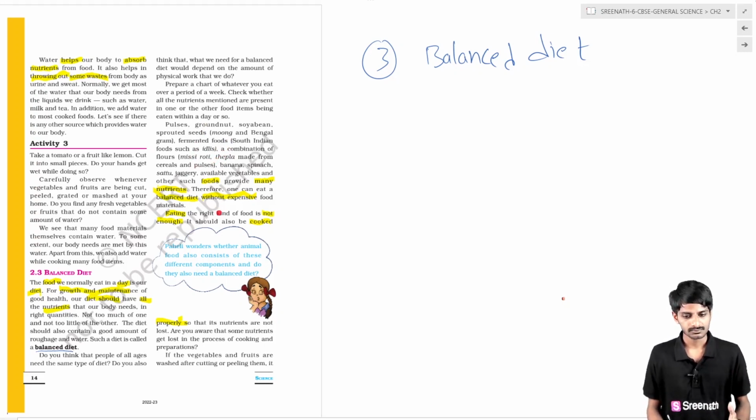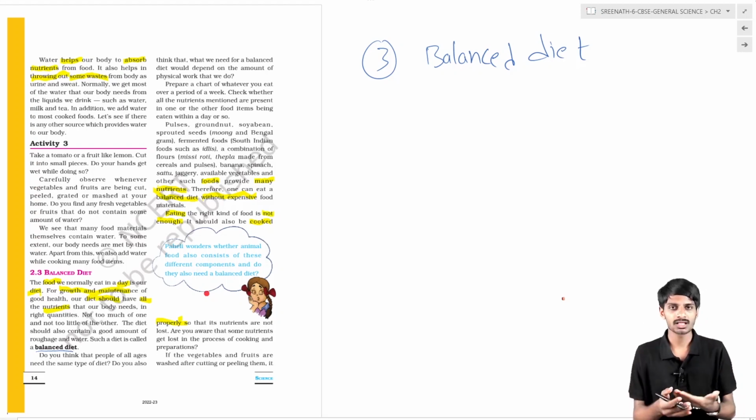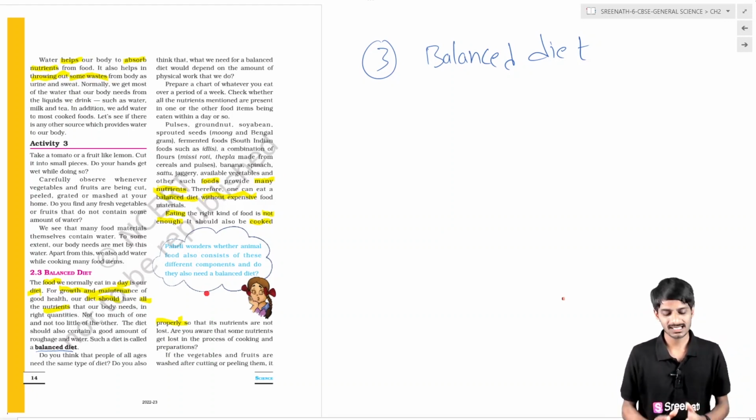Now, eating the right kind of food is not enough. It should also be cooked properly. We have calculated all the nutrients and planned to have all of them in our food, and we are taking a balanced diet.